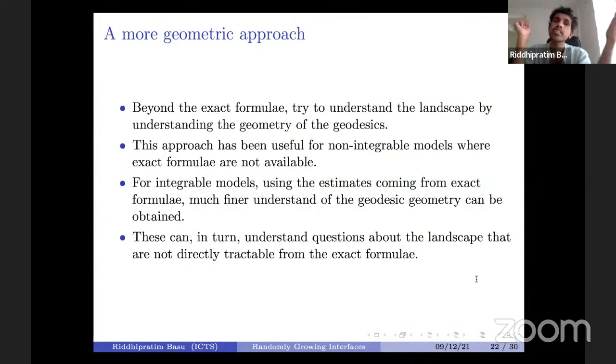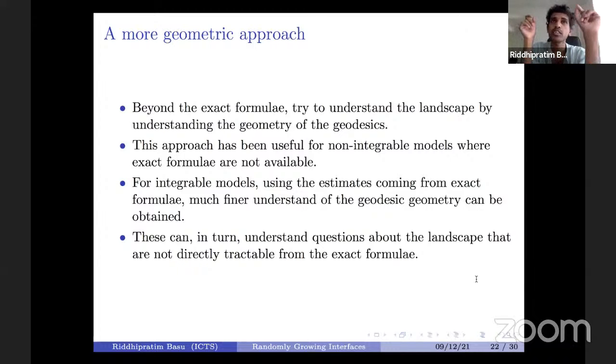But the key observation is that because you have this exact formula and some estimates coming from this, you can use that as ingredients to get a better understanding of the geometry of the geodesics. And in turn, you can use that better understanding of the geometry of the geodesics to say more about the underlying landscape.